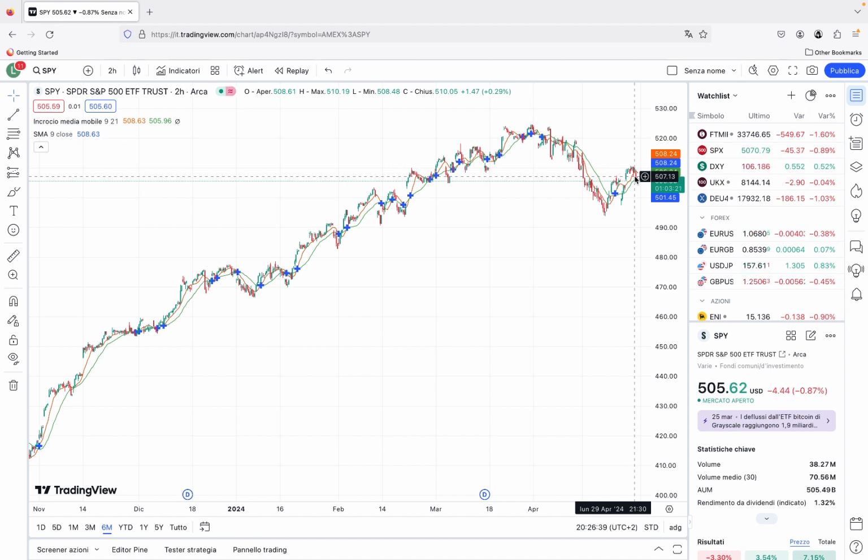You need to consider strategies like iron condors or butterfly spreads to generate income while minimizing directional risk. This is the most powerful thing about options. You can be profitable in bullish markets, in bearish markets, in neutral markets, even if the underlying doesn't move at all.